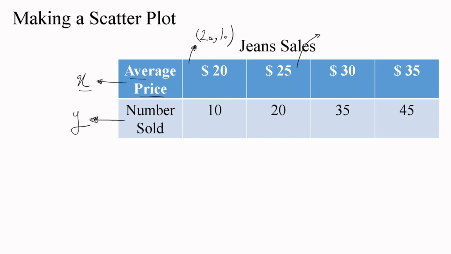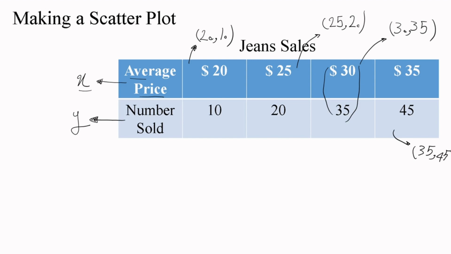Second column (25, 20). It's really simple. These are ordered pairs. This one is going to be (30, 35). Finally, I'm going to have (35, 45).